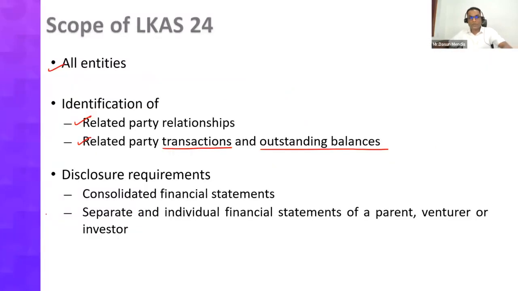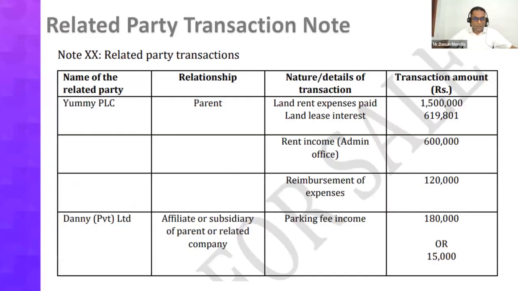So what is the disclosure note? First of all, Happy Eat says the first related party is Yummy PLC. What is the relationship? It is my parent. Then what are the transactions that took place during the year? First of all, Yummy PLC, the parent company, has given their land to our company, Happy Eat.